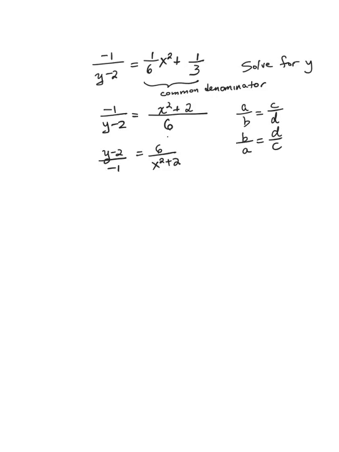And then what we could do is, because we want to isolate the y, we're going to multiply each side by negative 1. So we get y minus 2, and I'll bring the negative 6 up here. And then we'll add 2.